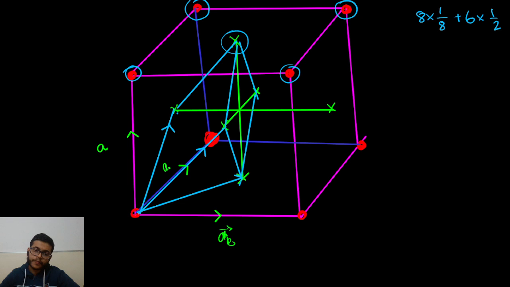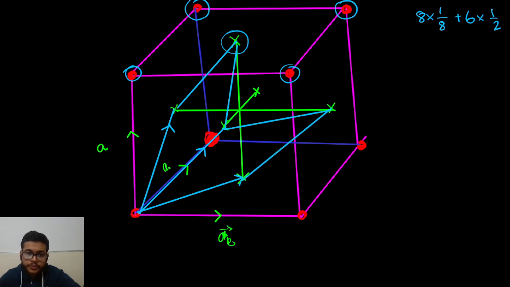Wait, I think the drawing is a little bit bad, so let me draw it again. But you get the point of what the primitive lattice vectors are. Yes, okay, so this is the primitive lattice vector.